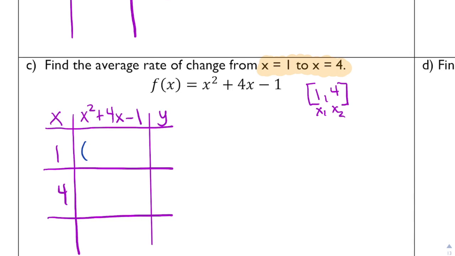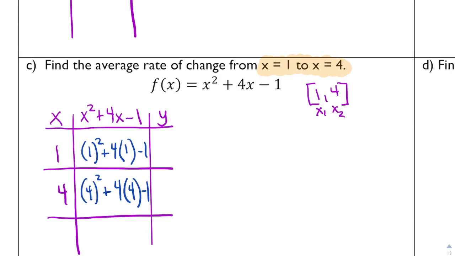Remember that when we put that 1 in the parentheses, it's squared, plus 4, and then in parentheses that 1 again, and then minus 1. Then we do the bottom: 4 goes in the parentheses again, and that's squared. Then we have 4 times the 4 that's our input, minus 1. Then you're going to go ahead and solve that.